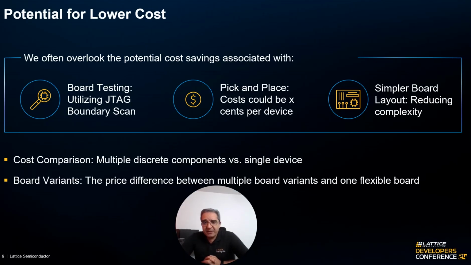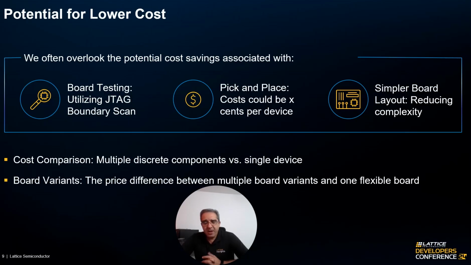The pick and place is often overlooked also. The cost of the component may be very small, but the cost of the pick and place for 100 devices may add up, and that adds to the overall cost. And also the board layout. You may have different boards that do slightly different functionality that you can consolidate in one PCB instead of having 3 different PCBs with discrete components.